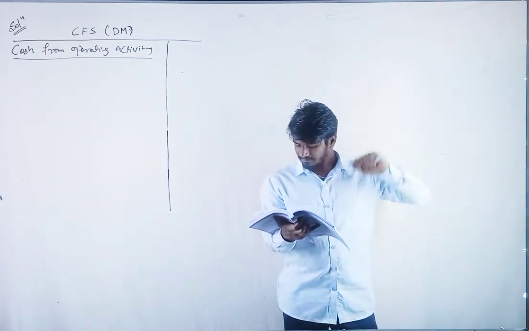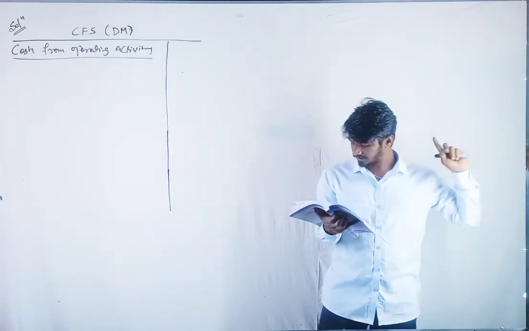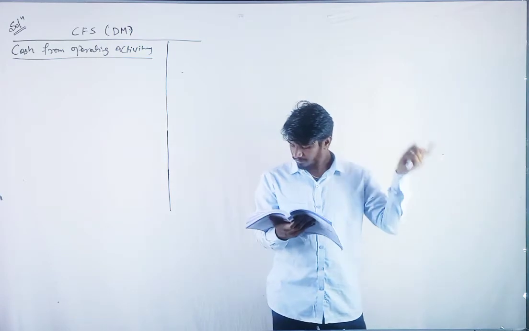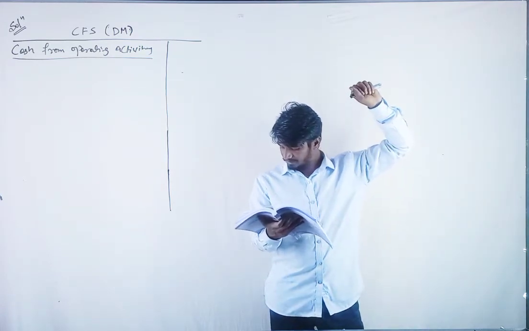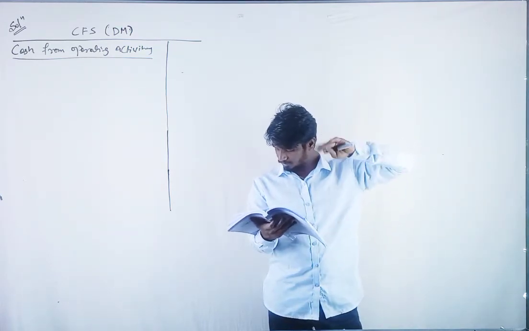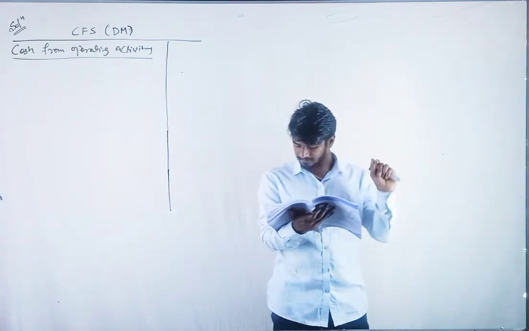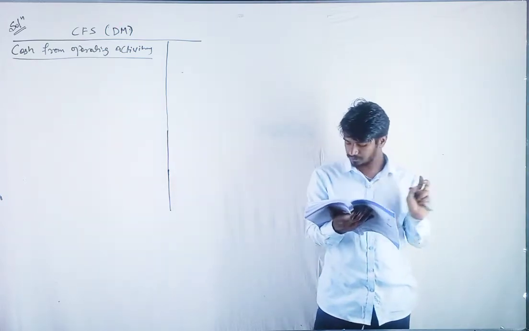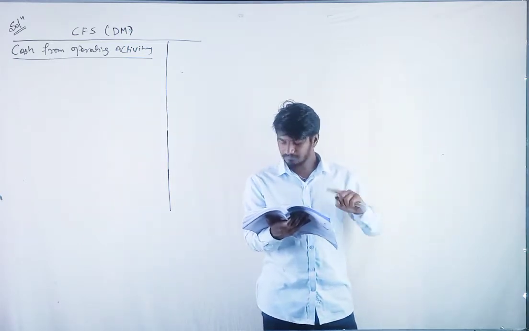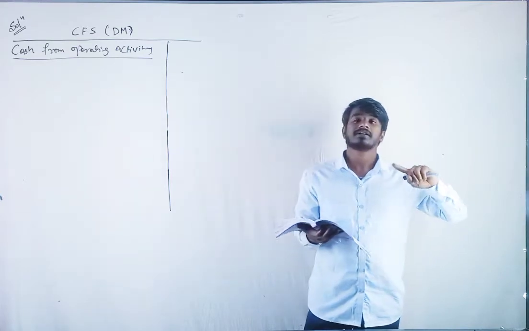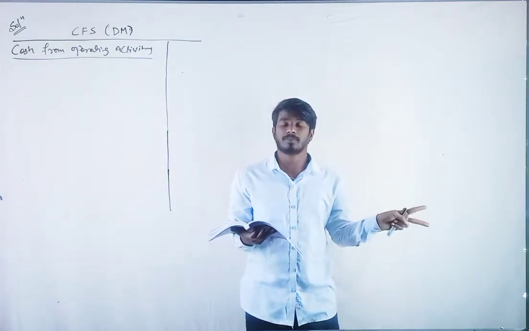Okay, they have given the profit and loss account. Revenue from operation is 2,20,000, we show directly, and cost of material consumed, it is an operating expense. Employee benefit expenses are also operating, we will show it. Depreciation, we won't show it in the direct method because it is non-cash and non-operating.